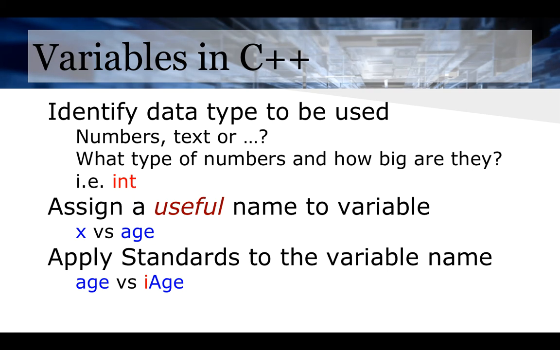So in this case, if I want to store the age of one person in numbers and you already selected the data type int, then the variable name will be iAge: I for integer, age for the meaning of whatever you're going to be storing there. Does it make sense now?